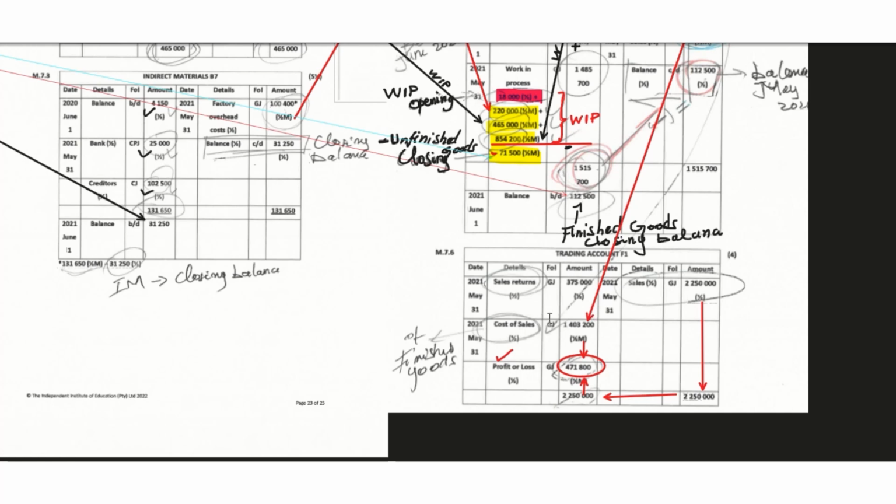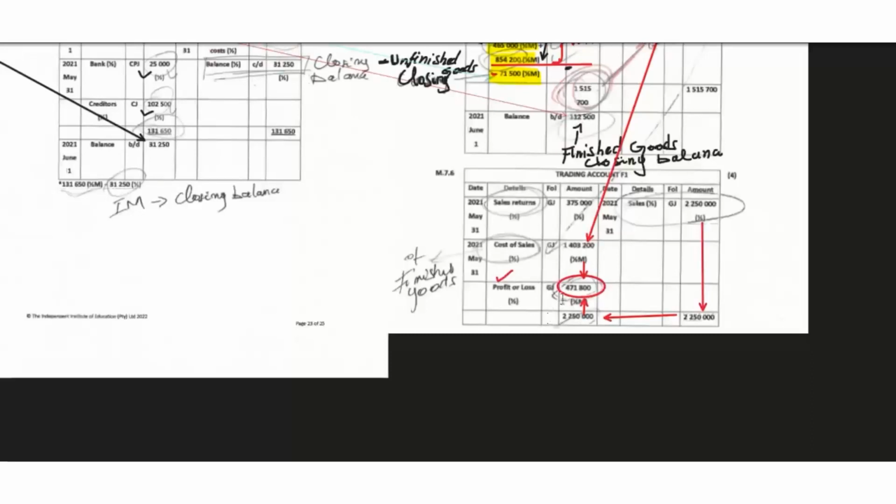What else needs to be taken into account into the trading account is the sales returns. You see, we sold product, but we need also to take into account the product that were returned to us. Very important. So we need to add them up together.